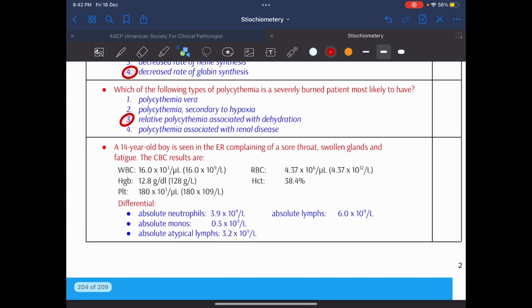Next question. A 14-year-old boy is seen in the ER complaining of a sore throat, swollen glands, and fatigue.